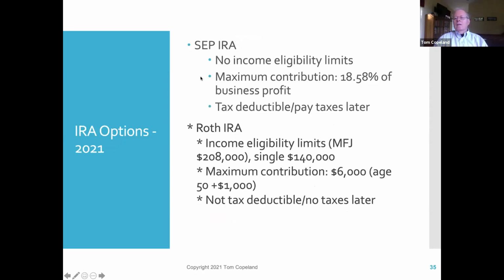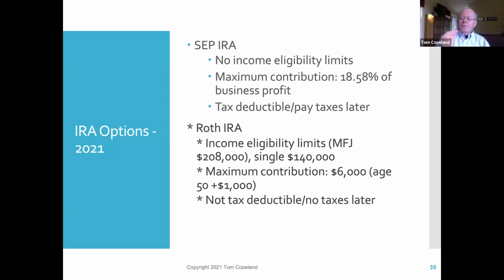Third option, a simplified employee pension, an SEP. No income eligibility limits. You can make as much as you want. The maximum you can contribute, however, is only about 18.5% of your profit. So if your profit is $10,000, you can only contribute $1,800 to a SEP IRA.